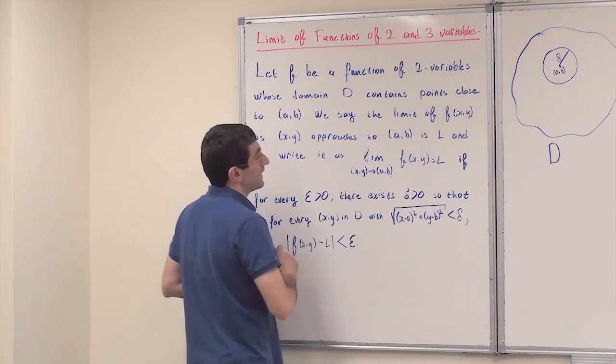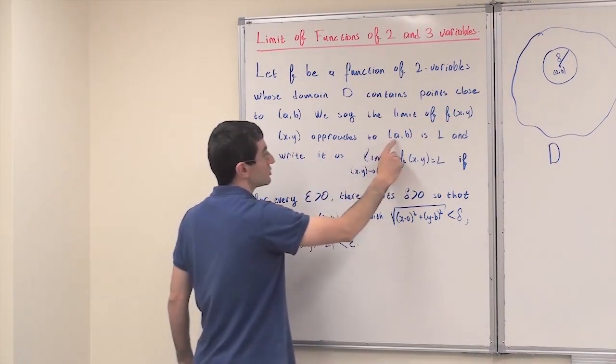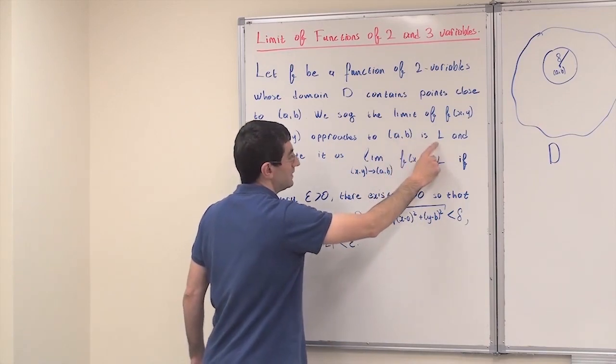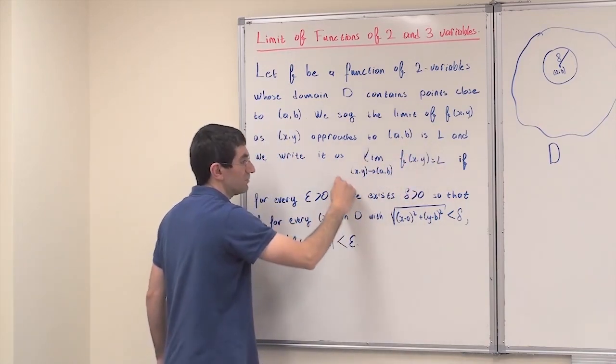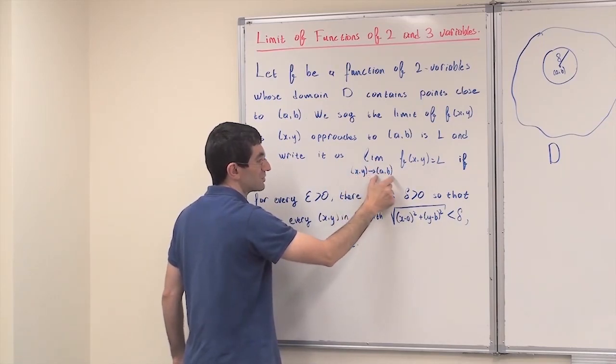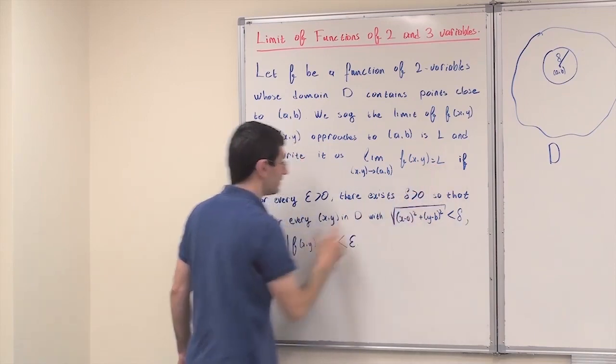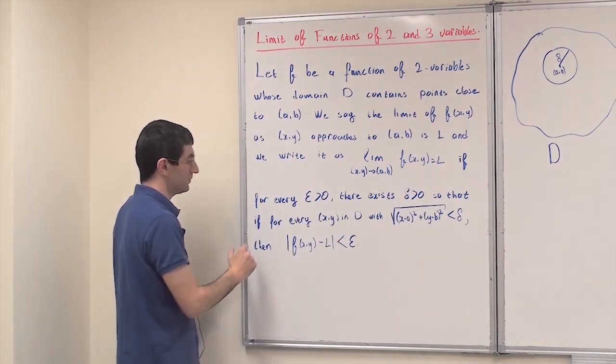Now, we say that the limit of f(x, y) as (x, y) approaches (a, b) is L, and we use this mathematical notation, limit, below it (x, y) approaches (a, b) of f(x, y) is equal to L, if the following condition is satisfied.